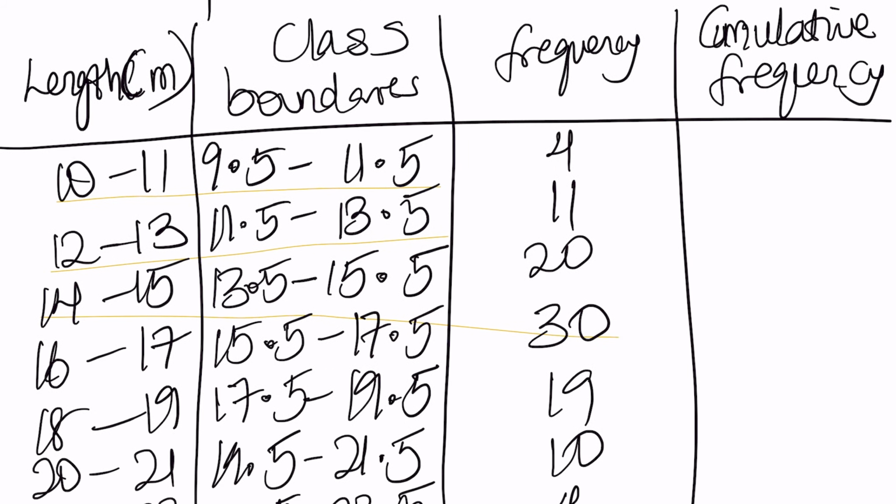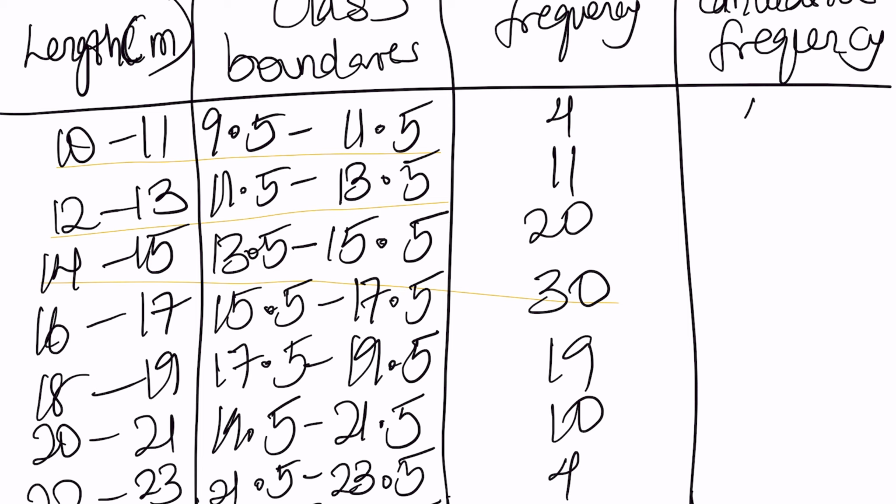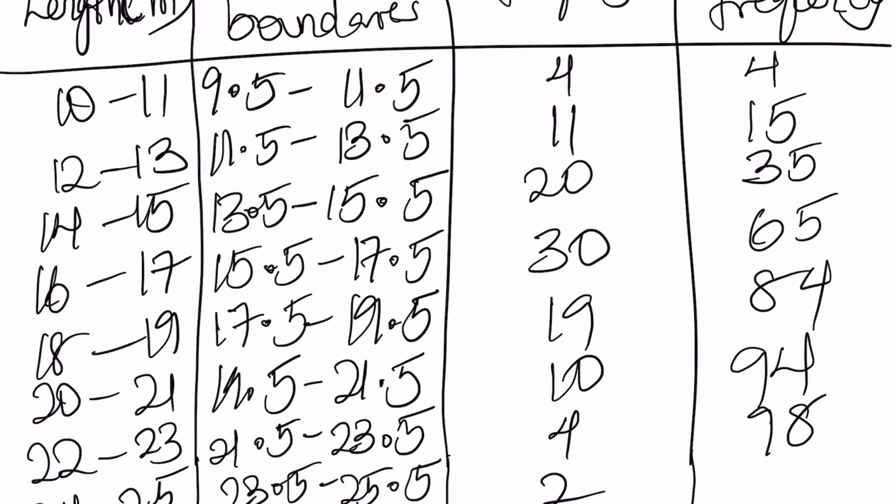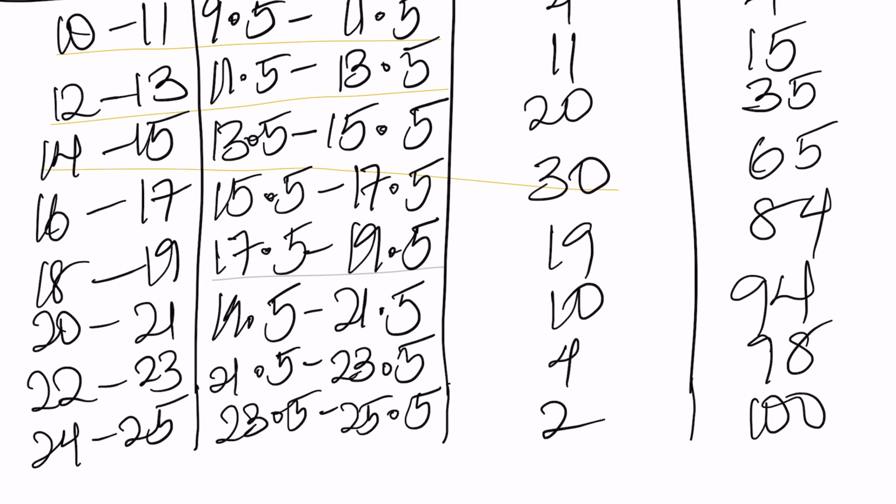And for the cumulative frequency, we have 4, 15, 35, 65, 84, 94, 98, and 100.